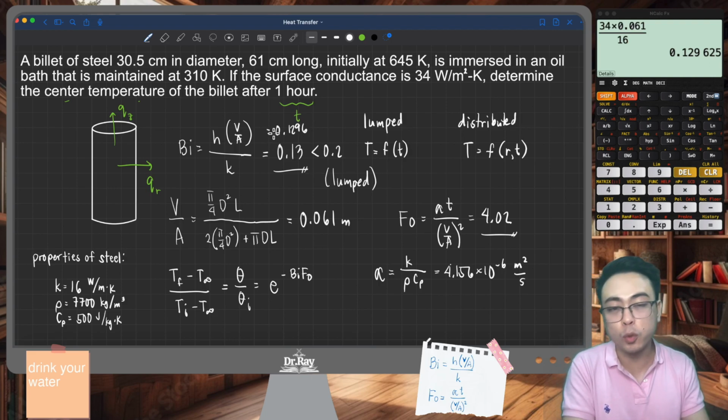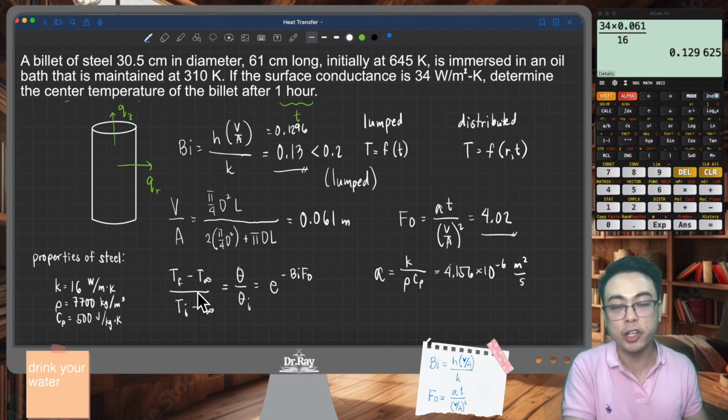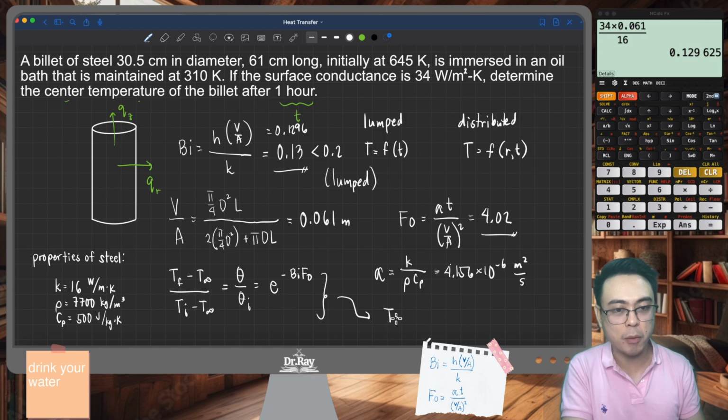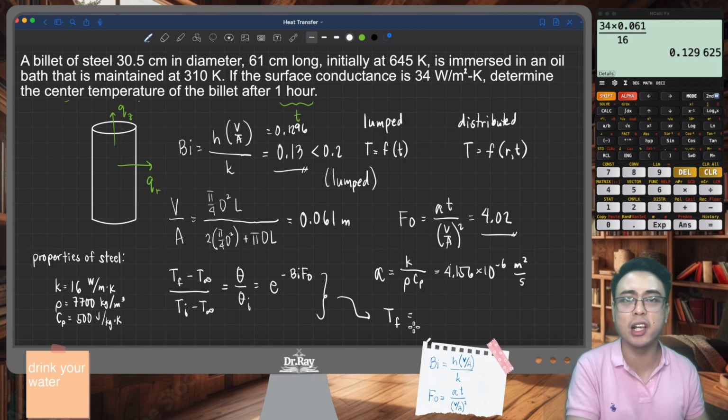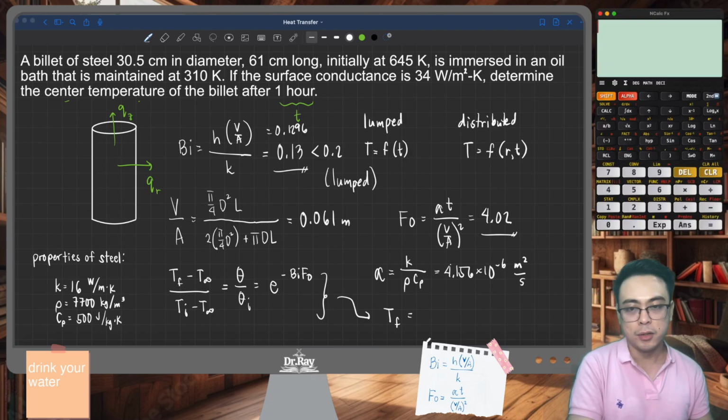Now, of course, if you don't want any rounding error, you can simply substitute directly in our formula here for the unaccomplished temperature change. But nonetheless, using this formula, we're now ready to solve for the final temperature. And again, remember, since this is a lumped system, the final temperature applies to any point inside of the cylinder. Calculating that, you can use shift solve if you have that function in your calculator.